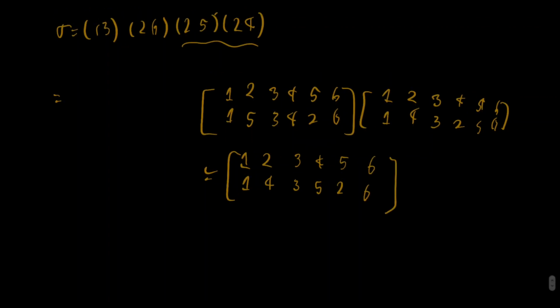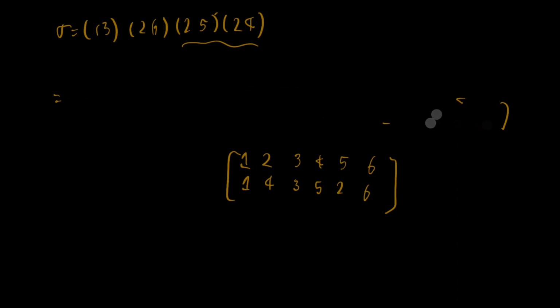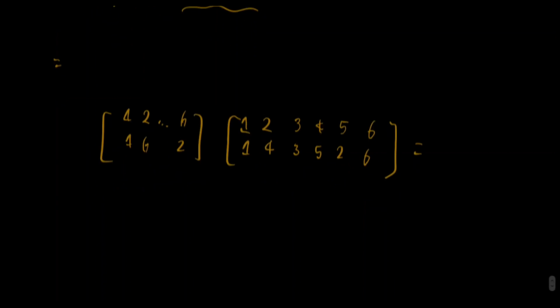Now we need to multiply this on the left by (2 6), which fixes everything except 2 and 6, so 6 goes to 2. So what we get is 1 to 1, then 2 gets mapped to 4, and 4 stays 4, then 3 to 3, still fixed, then 4 to 5, then 5 to 6, and then 6 to 2.